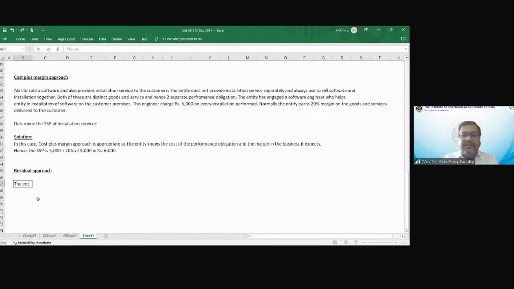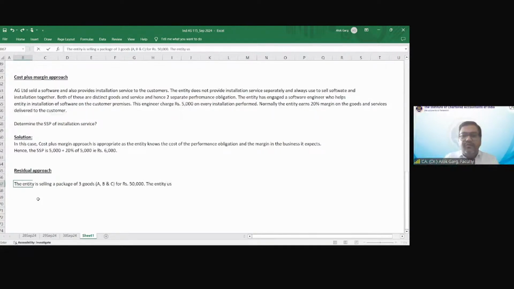The entity is selling a package of three goods, A, B, and C, for rupees 50,000.